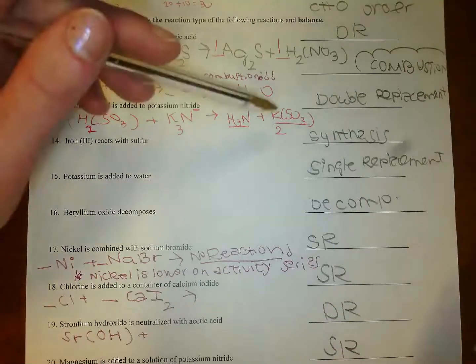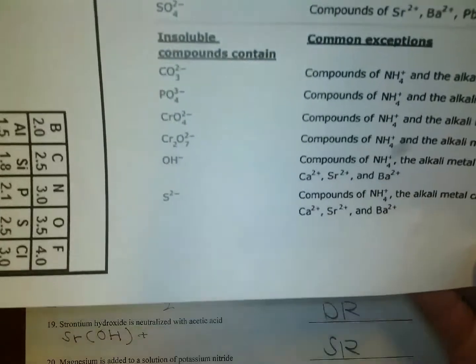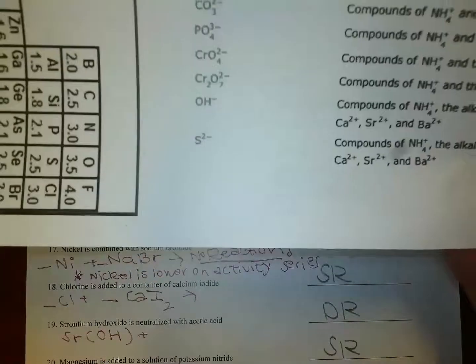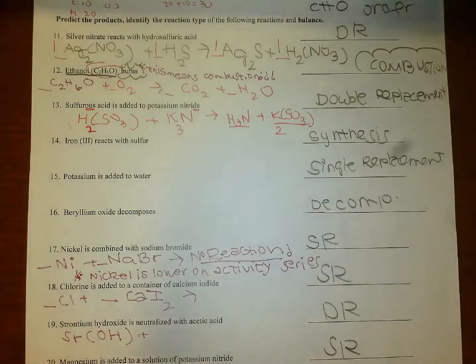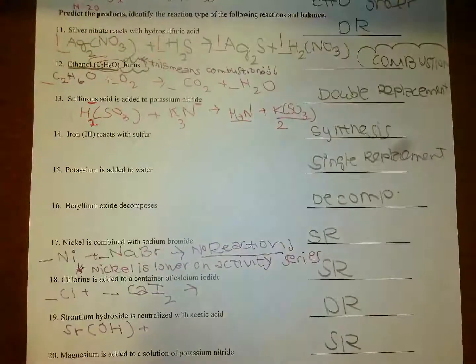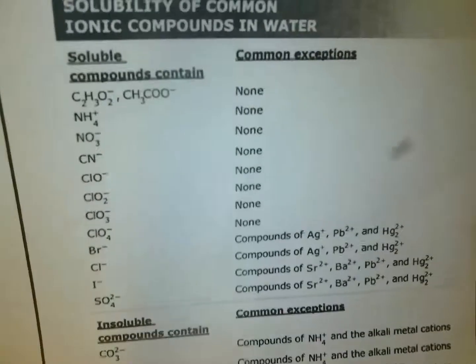We're looking on our list, and I don't see that as some exception, so I think this in fact is going to be insoluble because of the sulfur, so that will work. Alright, let's see, I'm going to try and see if we have an example of one. You need at least one of the products to be on your list, but we're going to give you this list so it should be pretty easy to follow along with. Okay.